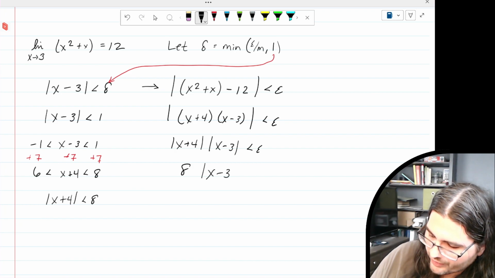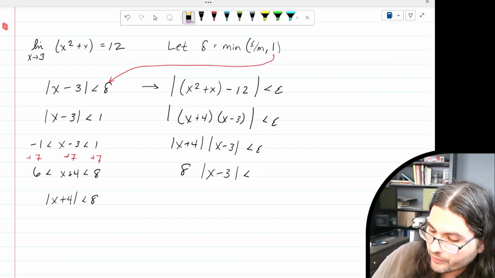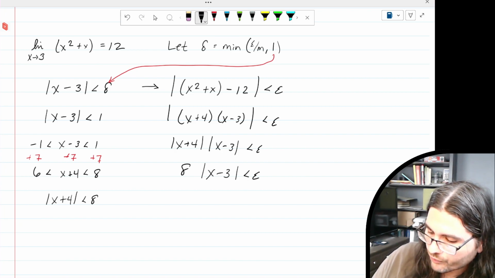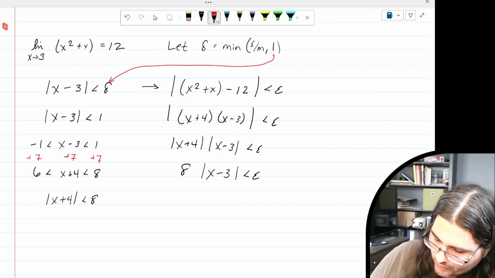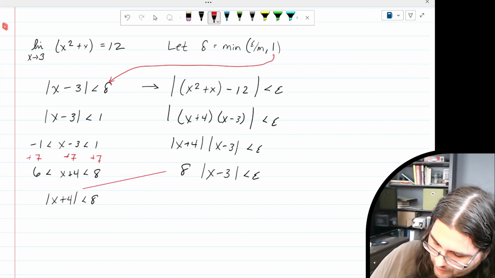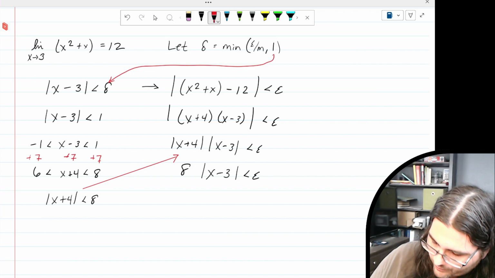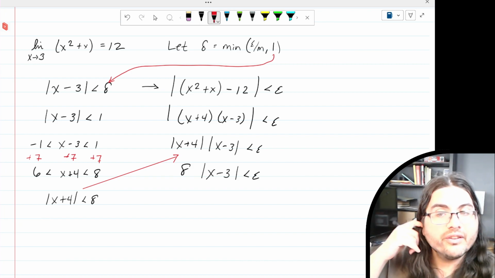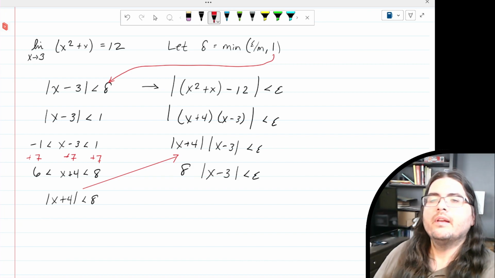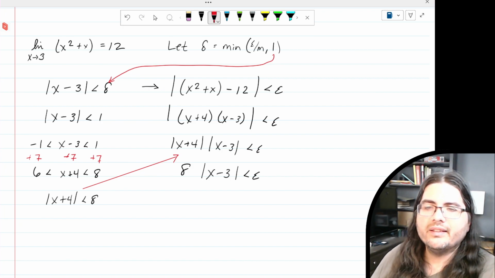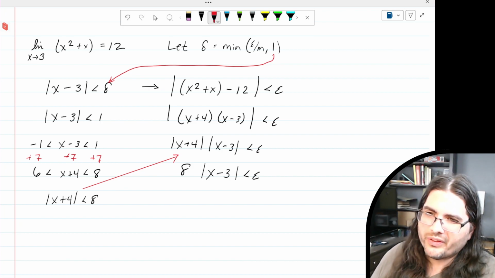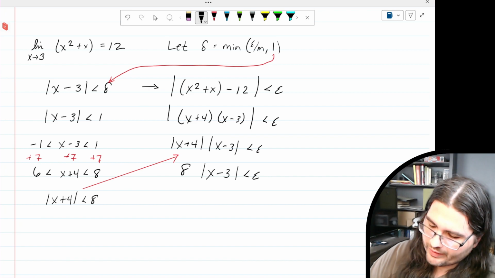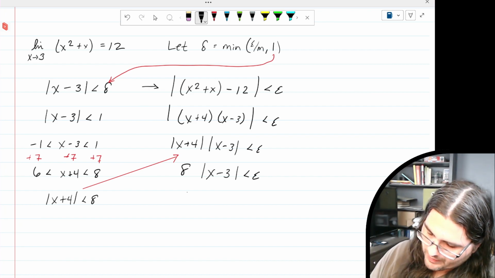Now we're starting to see on the right side here where this is going to be very helpful to us. I'm replacing x plus 4 with 8. So I know this is less than 8. Well, how does that help? Well, now that I have this 8 here, I'll divide both sides by 8.